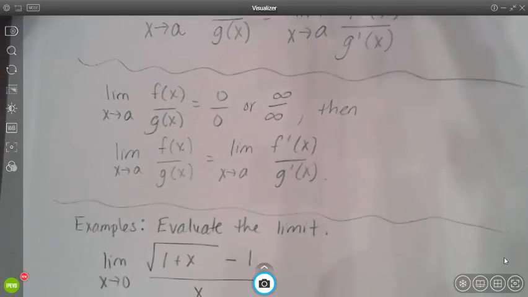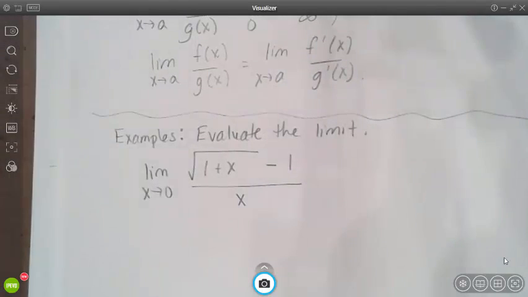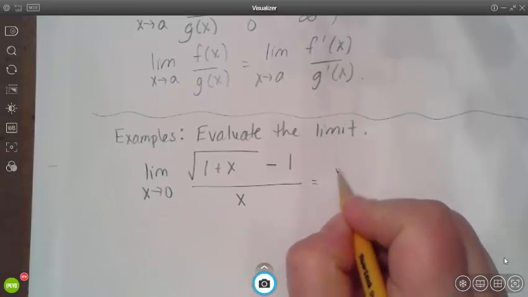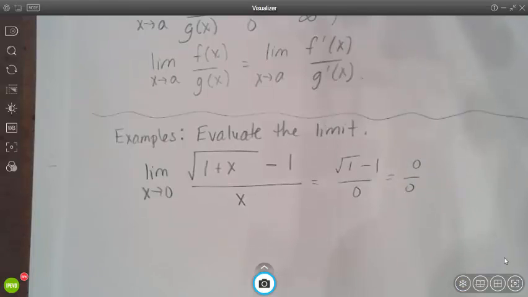Okay, so that's the limit we're going to look at. If I plug 0 in, I'm going to get the square root of 1 minus 1 over 0, which is just 0 over 0. Okay, so I can use L'Hopital.